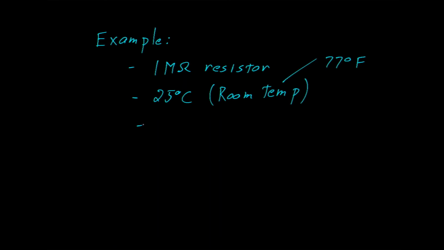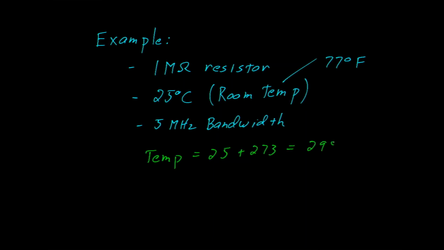Finally, we'll assume a bandwidth of 5 megahertz. Our opening move is to convert that to Kelvin. So that's 25, our room temperature, plus 273, is about 298 Kelvin.